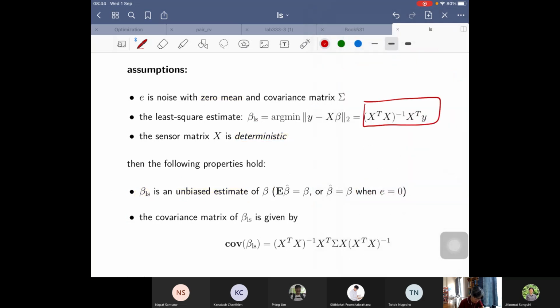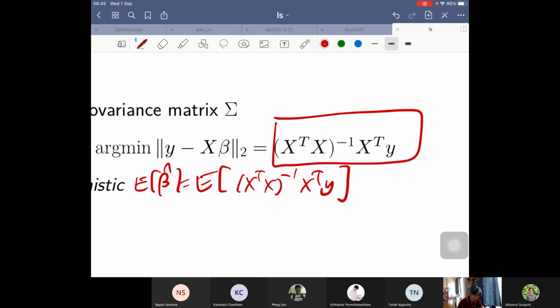We use the expression of beta hat now. So we take expectation of this guy. All right. As I mentioned previously, when you take expectation, you must look at the randomness inside the bracket. What is the quantity that is random in the bracket? Napat? Y. All right.